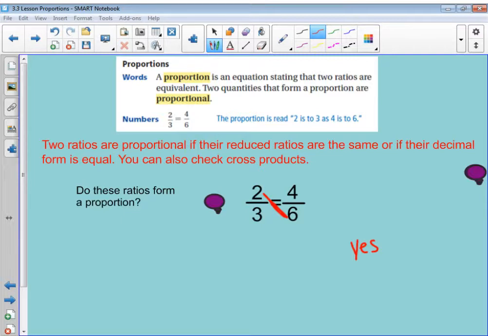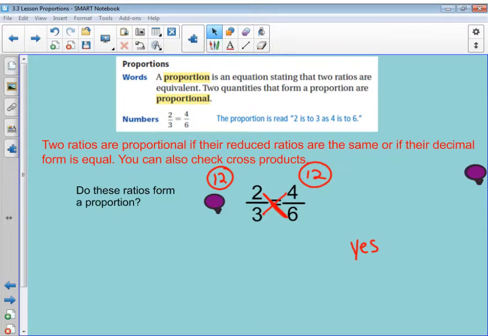So 2 times 6 would give me 12, and 3 times 4 would also give me 12. Eventually we'll call this cross multiply and divide, or cross multiply and solve as you get older. But because we ended up with the same cross products, yes, they are considered proportional.